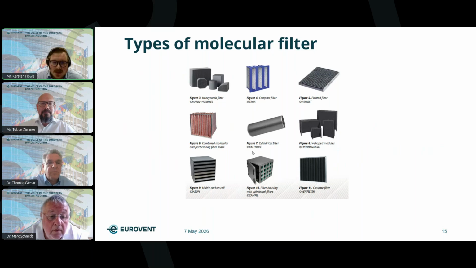Then there are some other filters like the bag filter, where you have also some activated carbon inside, or you have other filters like a filter cartridge, where you don't have the activated carbon combined with a filter media or a particle filter media. So it means you have loose pellets inside the system. So we have a wide range from cartridges over honeycomb to compact filters.